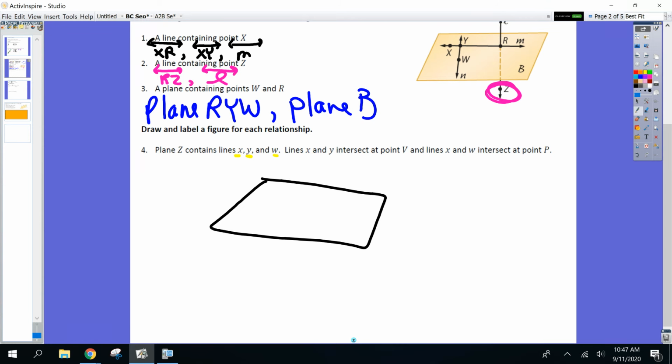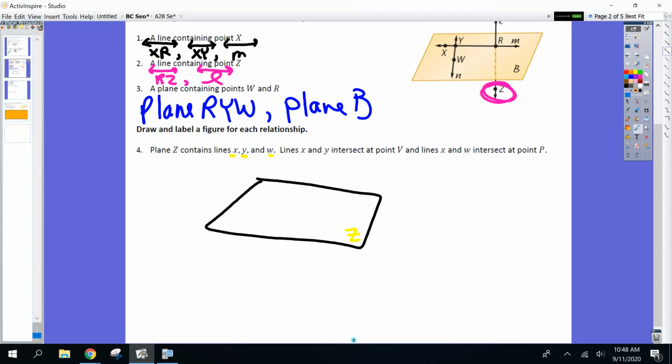Again, my version does not have to match yours, just as long as everything is correct and everything intersects at the correct point. So let me start with plane Z. Ready? Somewhere in the corner, you should have your capital Z. All right? Okay, I have line X. So let me put a line in here.